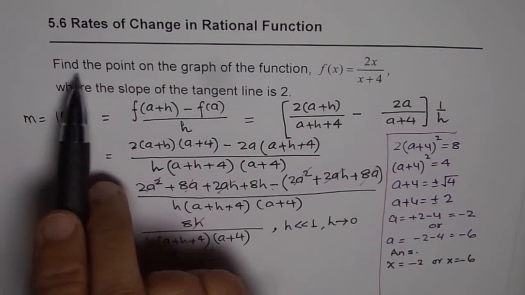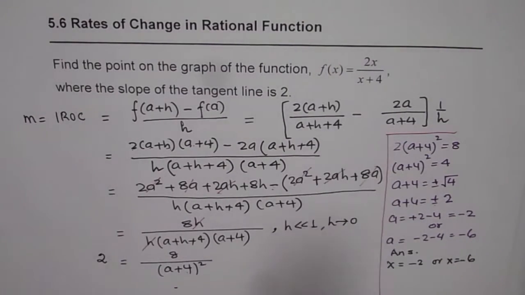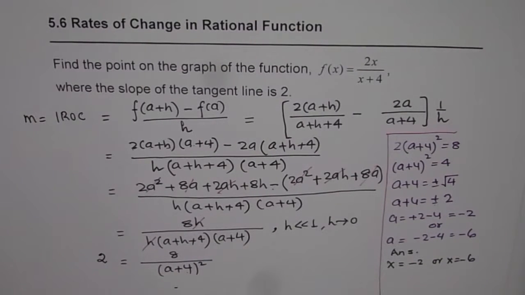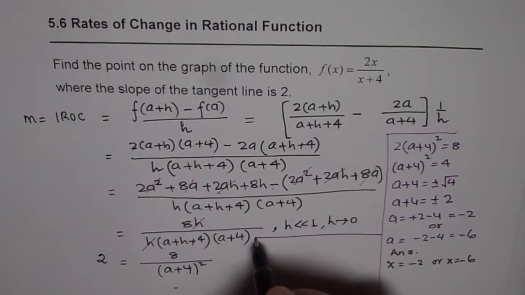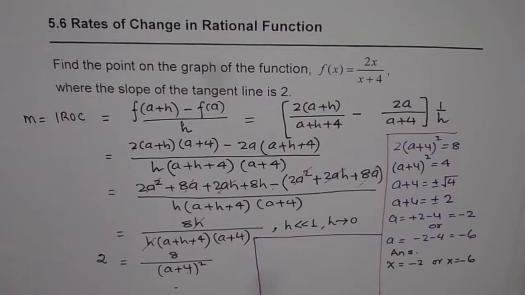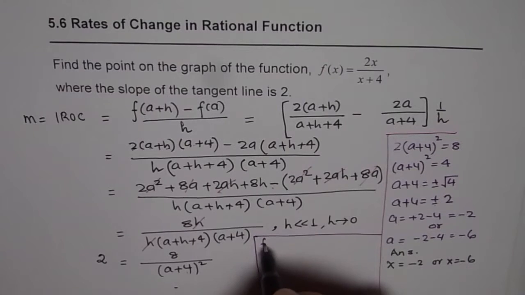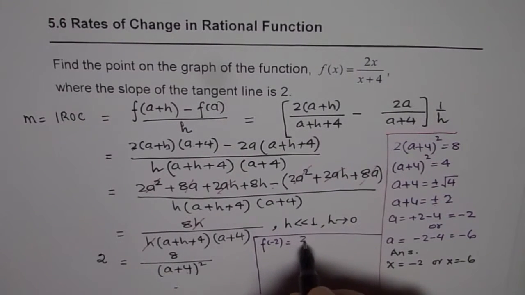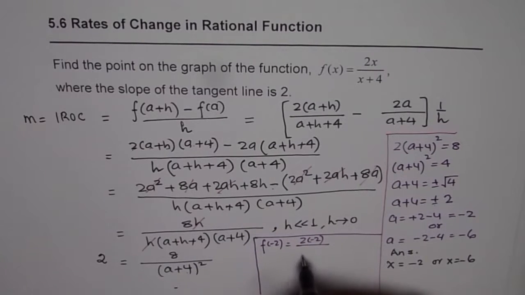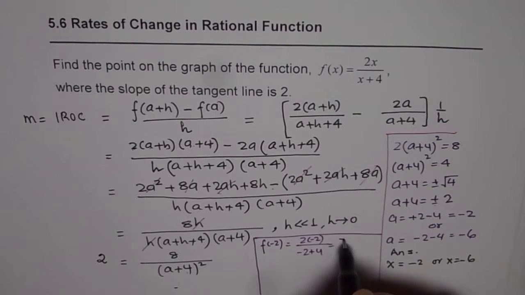Since we are saying find the point, we also mean find y values. So let us also find what is f of minus 2. Let me use more space here. So we'll say f of minus 2 is, we'll replace x by minus 2. That is 2 times minus 2 divided by minus 2 plus 4, which is minus 4 over 2, that is minus 2, correct?